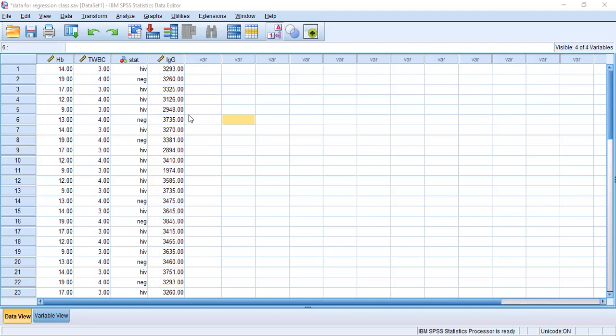So we've gone into regression analysis and we've done the introduction to regression analysis. We have done linear regression, and this is a video on binary logistics. So what is binary logistics all about?